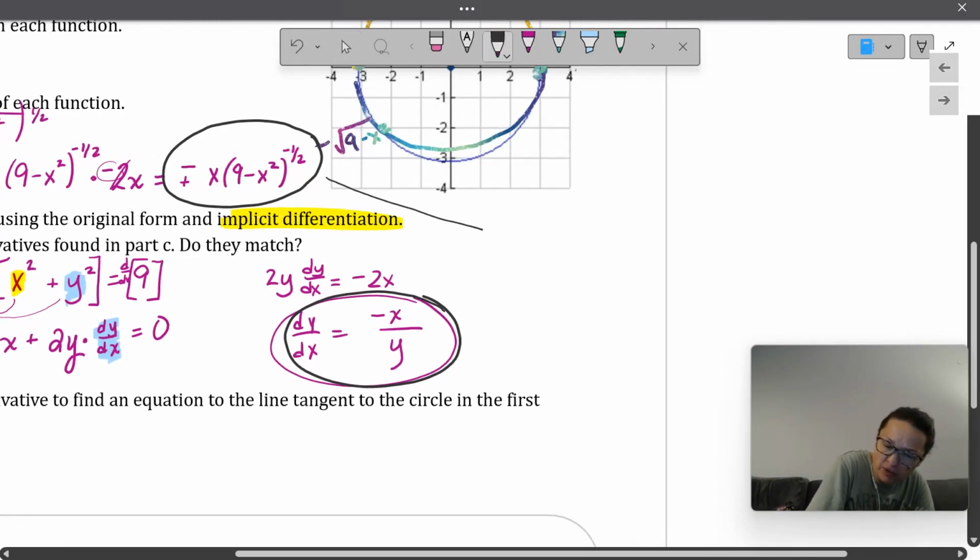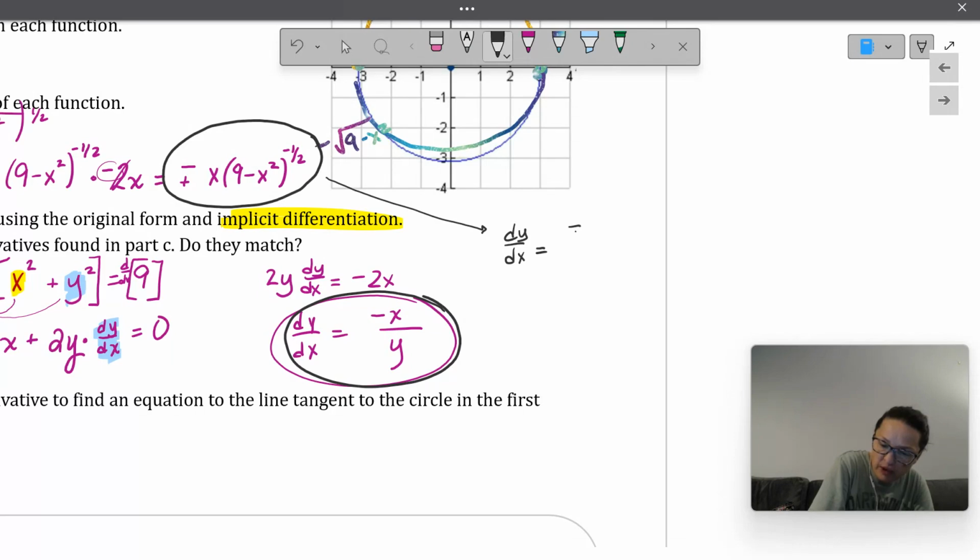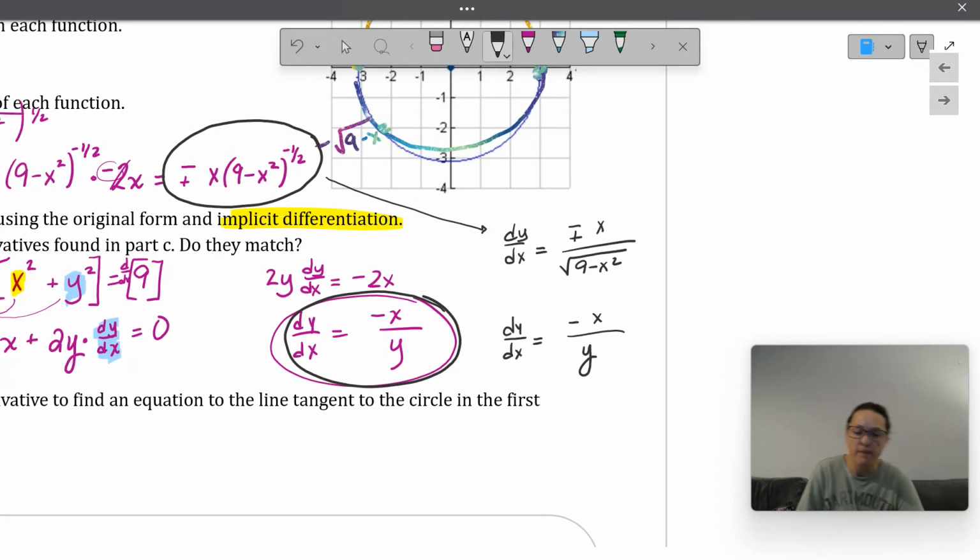So up here for this one, we have dy dx equals minus plus x over the square root of 9 minus x squared, right? If I wrote that. And down here I have dy dx equals negative x over y. Okay, well, I see the negative part. I'm going to say that these are basically the same. And I see the x, but this doesn't say y, and that does.